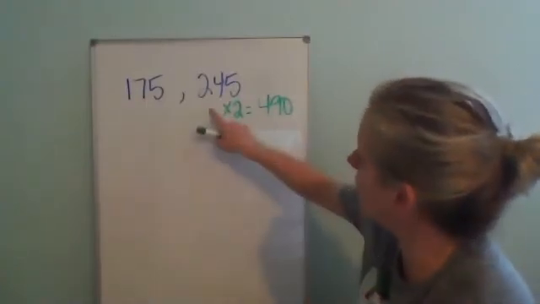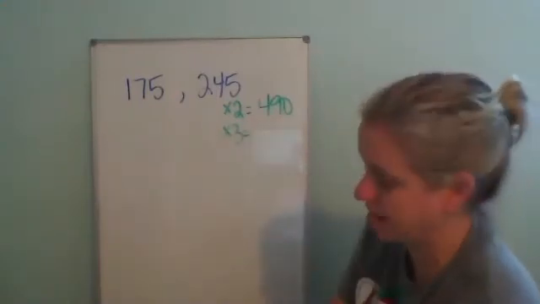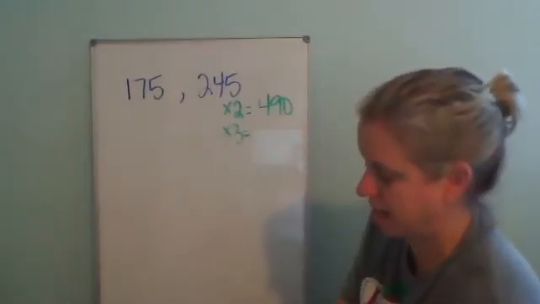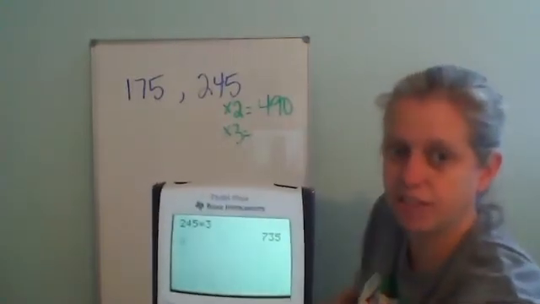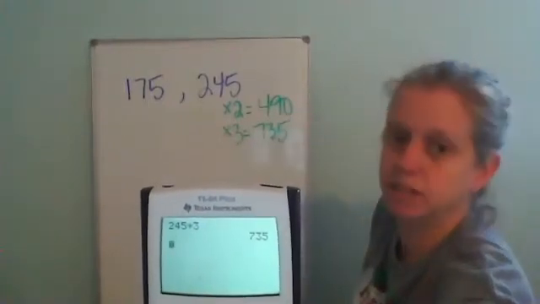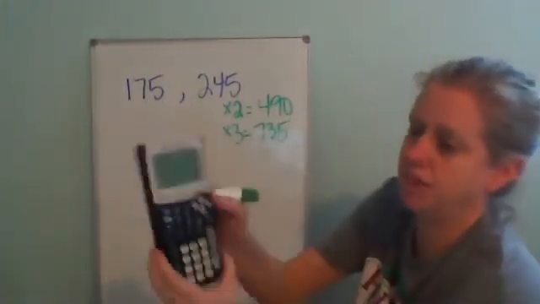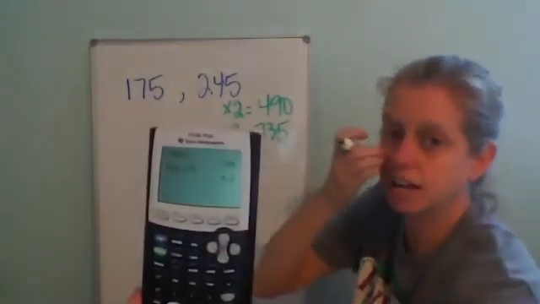Now, what's the very next number that 245 goes into? Well, it's whatever 245 times 3 is. So let's check that. 245 times 3 is 735. So divide that by 175. So just hit divided by 175, and it gives me 4.2.